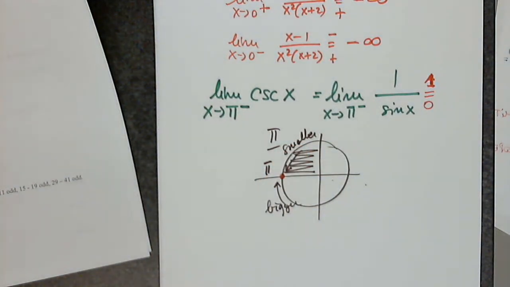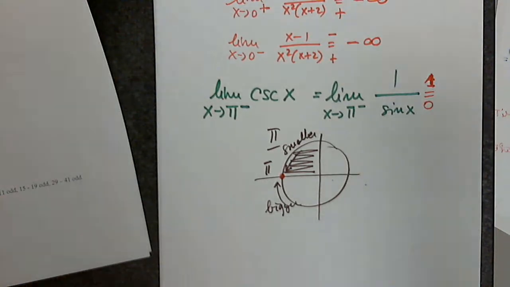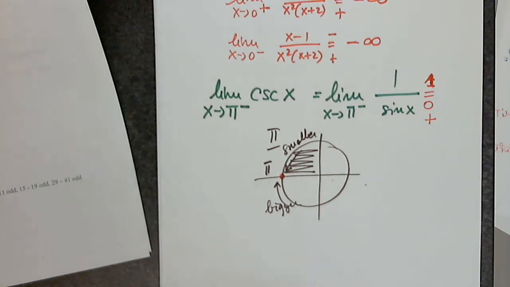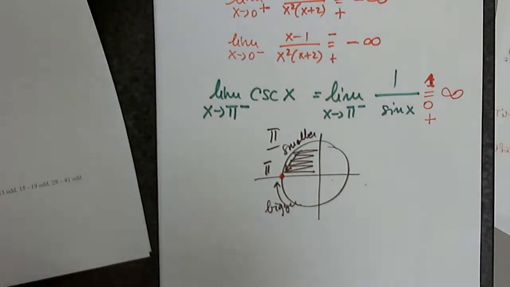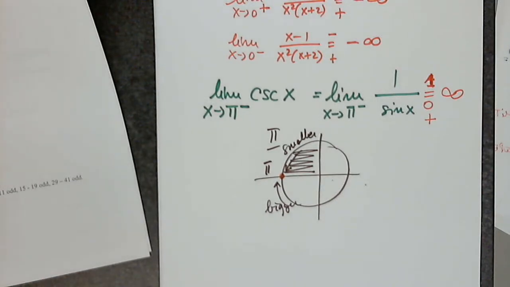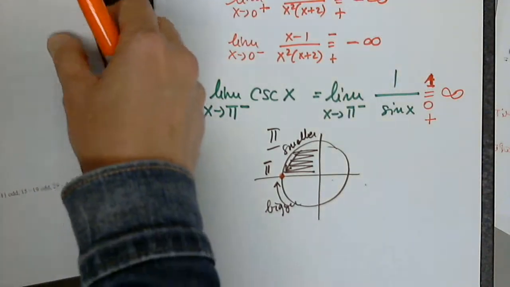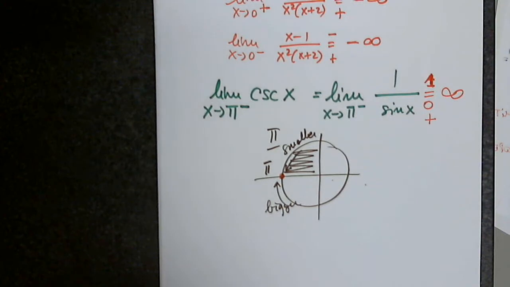So sine is positive here and it's negative here. So it's positive. So 1 divided by positive. What will be the final answer? Perfect. Very good. And I think I have time to show you since you asked.